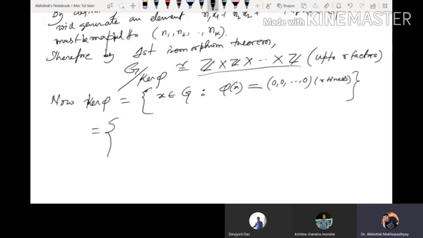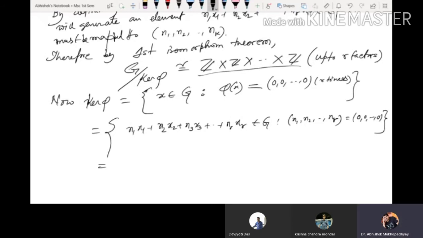Or you can write down that the kernel of phi will contain all those n1x1 + n2x2 + n3x3 + ... + nrxr belonging to G such that (n1, n2, ..., nr) equals (0, 0, ..., 0).